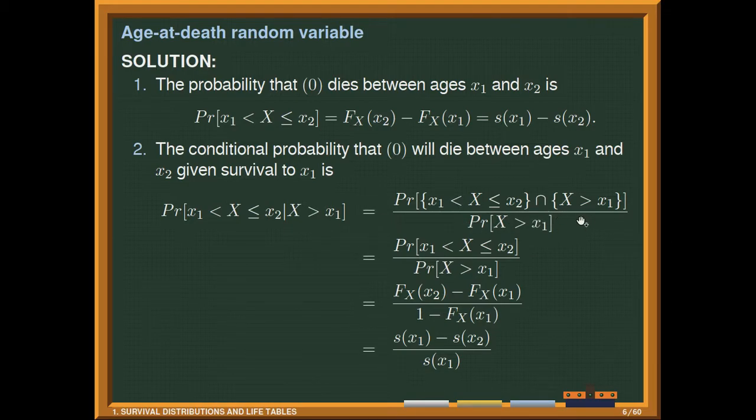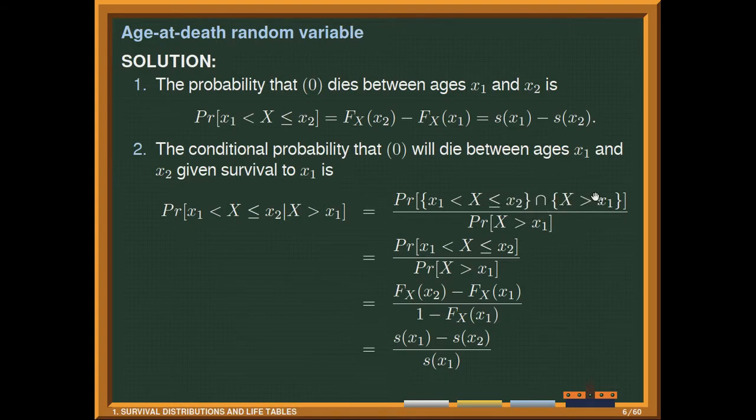Clearly that is equal to the following using how we define conditional probability. That's the probability that X is greater than x1 and less than or equal to x2, intersection the probability that X is greater than x1, all over the probability that X is greater than x1.